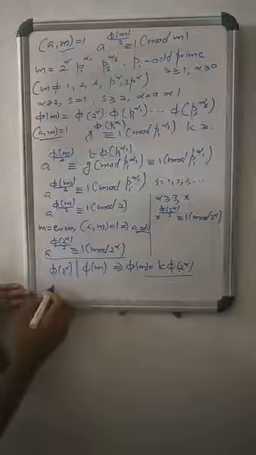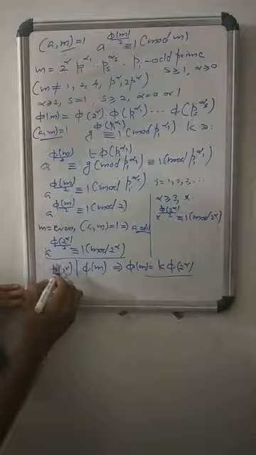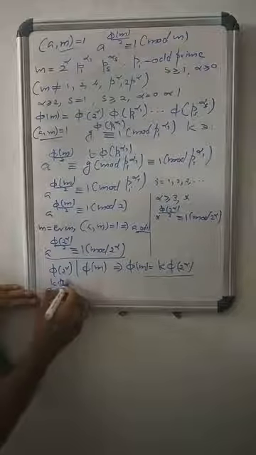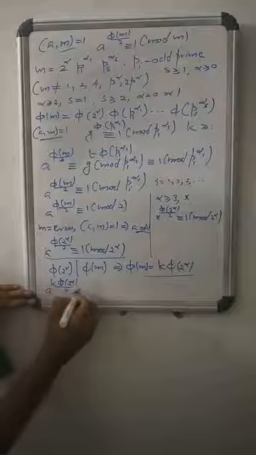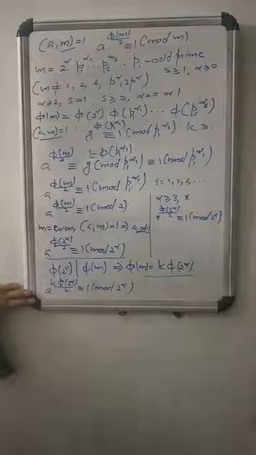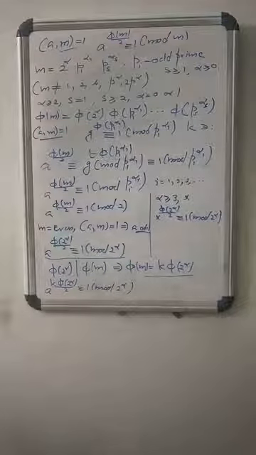So you can combine these two: a power k into phi of 2 power alpha by 2 congruent to 1 mod 2 power alpha.